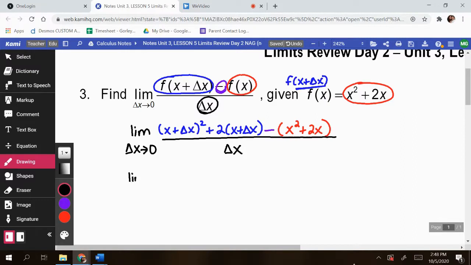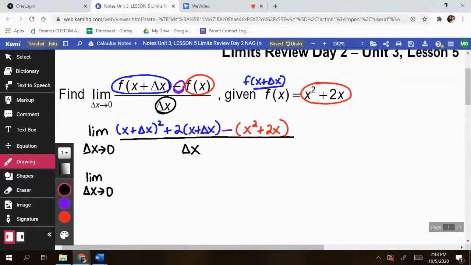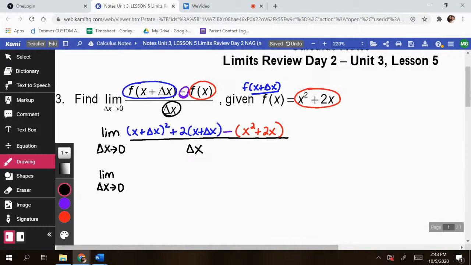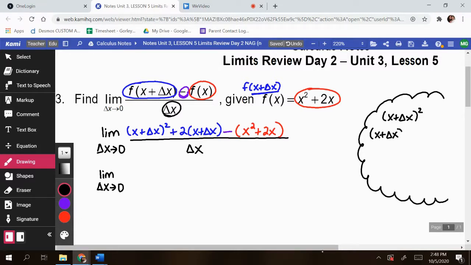We'll have the limit as delta x approaches 0 of, let's break this into chunks. The first thing I see is x plus delta x quantity squared. Just as a side note, squaring something really just means that I'm taking that something and multiplying it by itself.